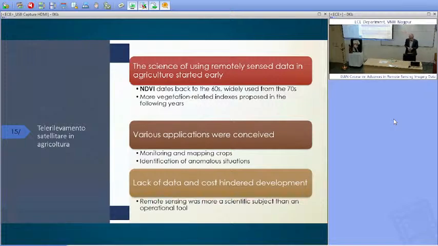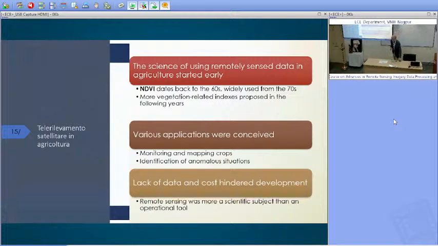But the problem was that lack of data and cost did not permit the development of operational systems. So the science was there, but the data was not sufficient. Data was too scarce and too costly, and did not permit the development of real applications.